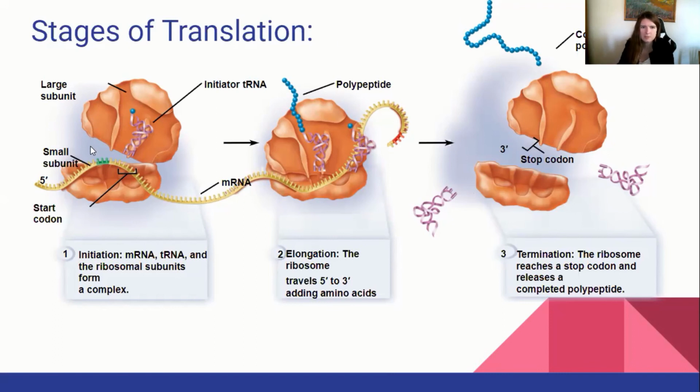Okay, so the ribosome is then going to slide down your mRNA, sliding from the 5' end to the 3' end. And as it does that, it's going to be bringing in new tRNAs with new amino acids. So this part is called elongation because our polypeptide is getting longer. Okay, so our new tRNAs are coming in.